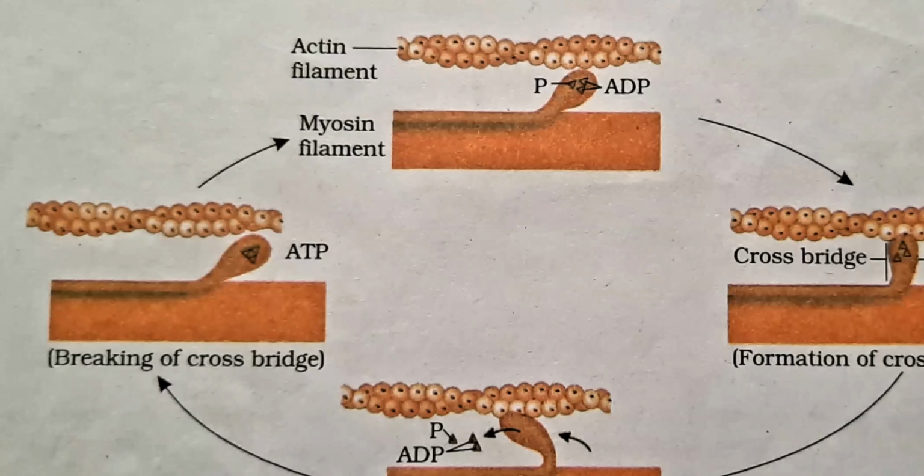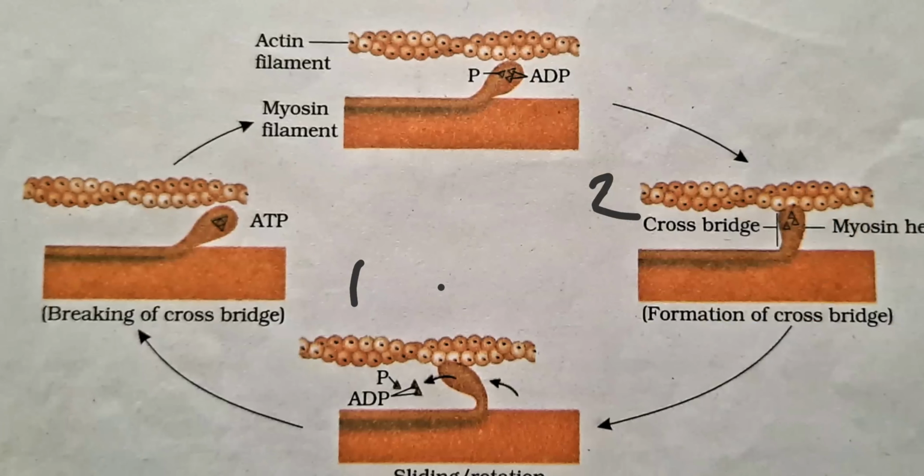Let's have a look. Step number 1: the ATP molecule binds to the cross arm. Step number 2: the ATP molecule is hydrolyzed at that ATP binding site into ADP and phosphate to release energy.